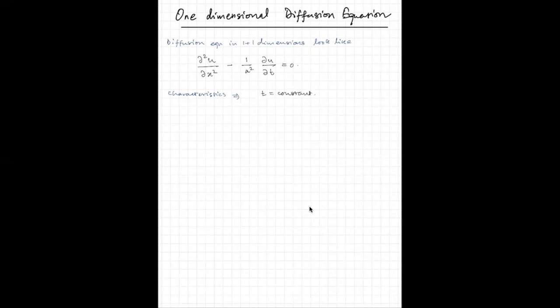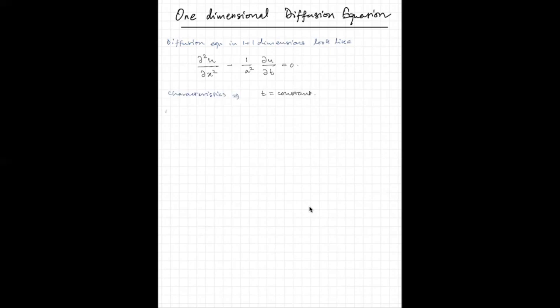In the xt plane. So if one poses Cauchy data along a t equal to constant slice, it's very easy to see that one will not have a well posed problem anymore.